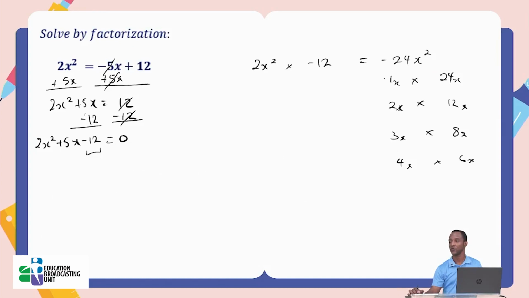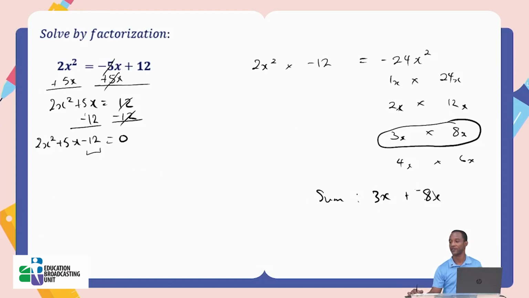Since one has to be positive and one has to be negative, we're looking for the pair that when added gives us positive 5x. So that has to be this one, because 3x plus 8x will give us 11x, but if one is negative and one is positive, when added we'll get the lower number. So let's say we have 3x plus 8x.